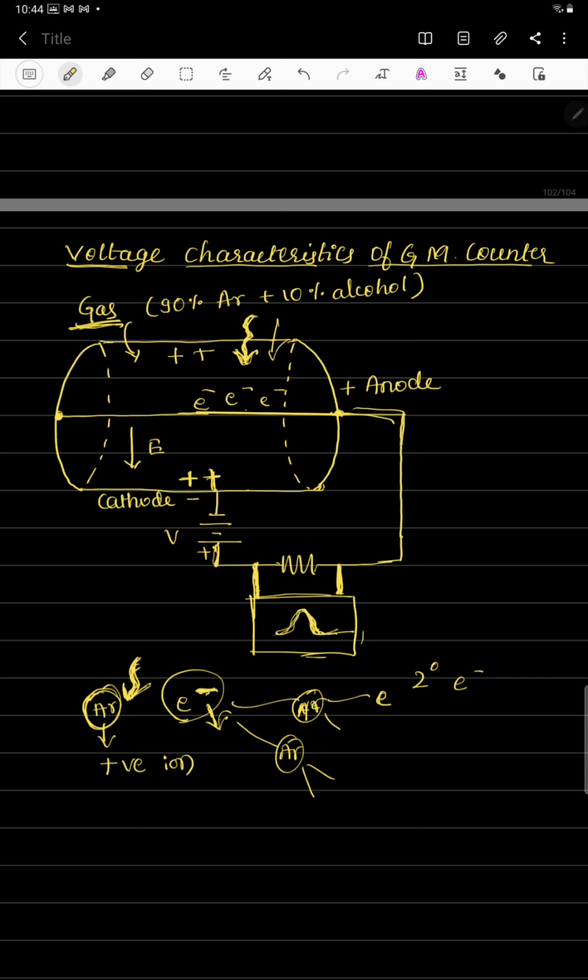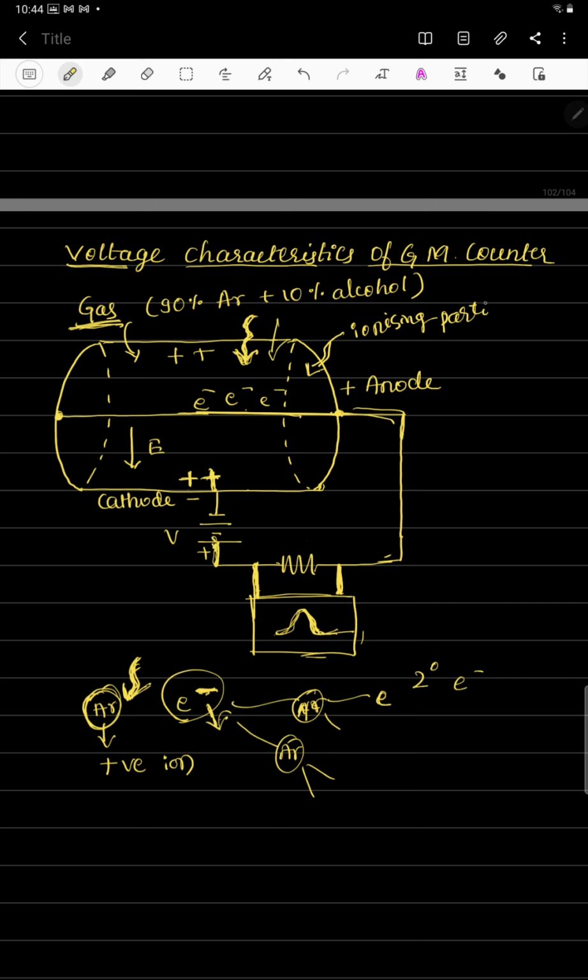During this entire process, electrons are formed and accelerated towards the positive terminal, the anode, then towards the high tension battery, and then they combine with the positive ions at the cathode and form neutral gaseous atoms. Until this process completes, the GM counter is unable to detect a further ionizing particle.